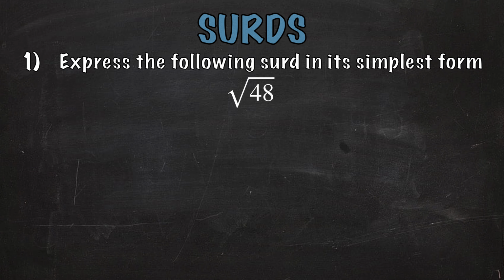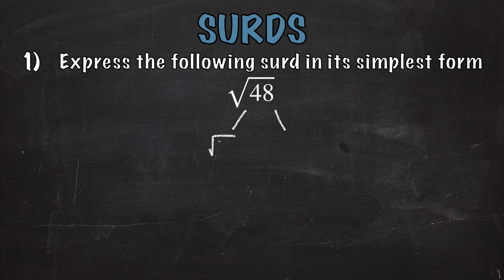Question 1. Express the following surd in its simplest form. We're given the square root of 48, and we know that it's not a rational number because if we type this number into a calculator, we get approximately 6.9 as a rounded figure. The first thing we need to do is think of two factors which multiply together and give 48. In this case, it is going to be 12 and 4, and that's what I am going to use.